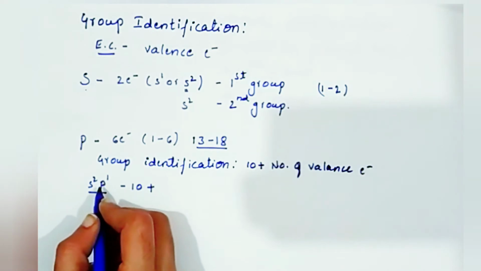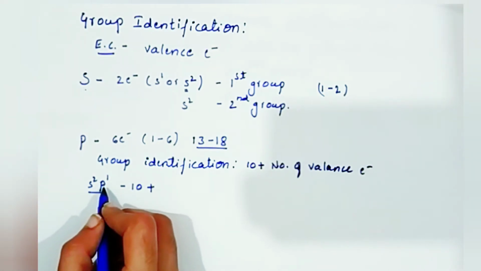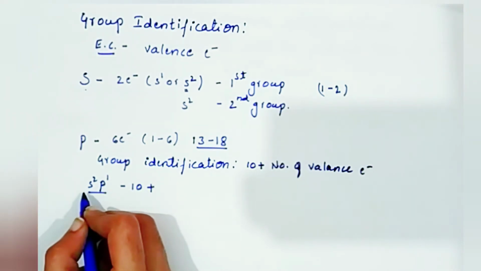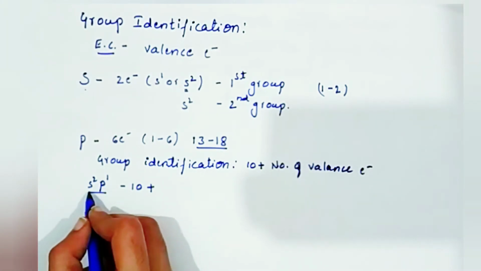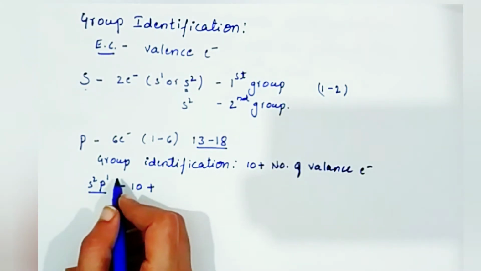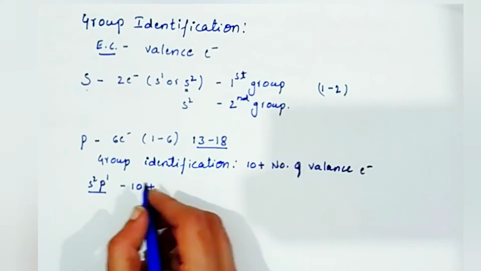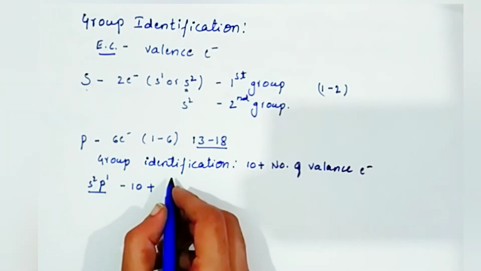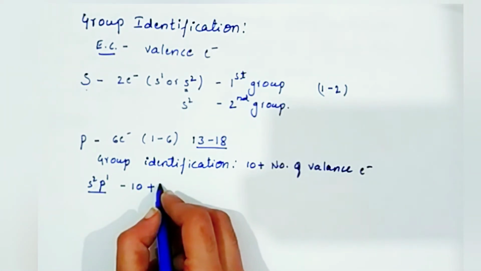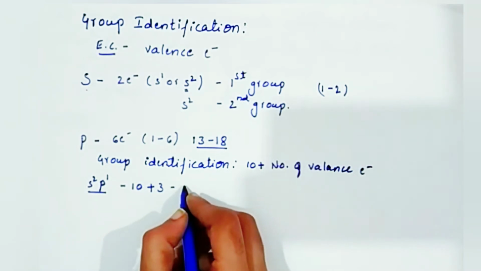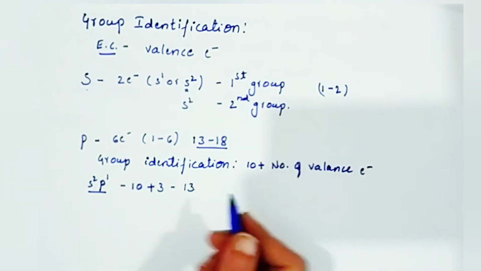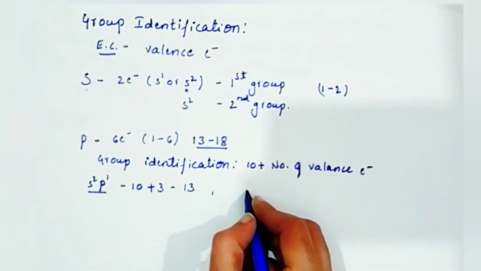So we have to count the number of electrons present in s as well as p, and consider these as valence electrons. So here 2 plus 1 is 3. 10 plus 3, so it belongs to the 13th group of the periodic table.